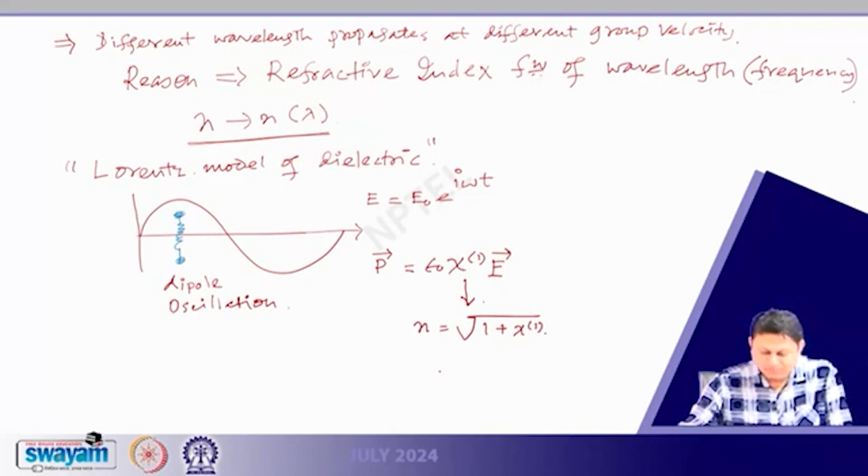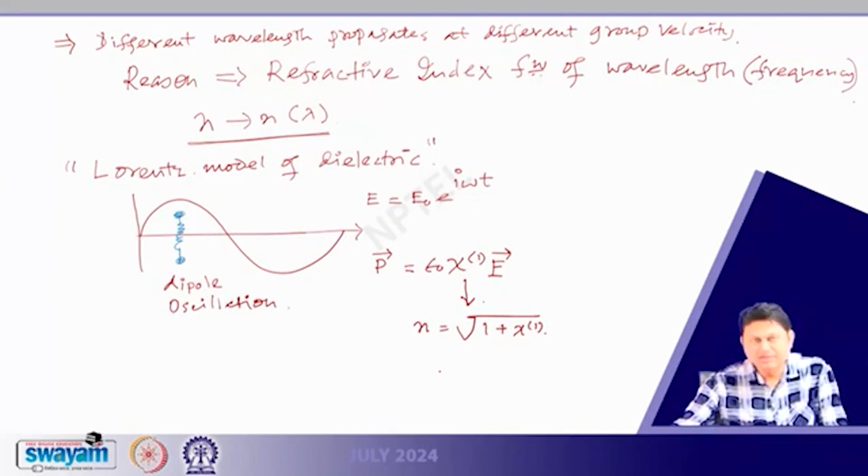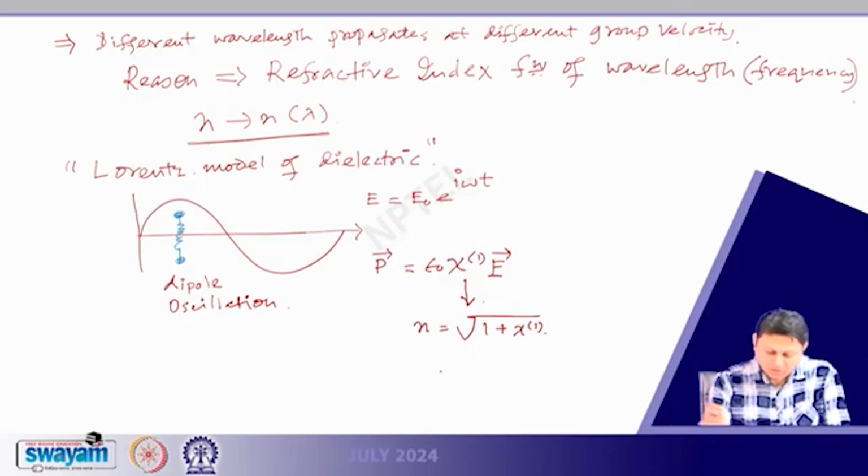So, how do I find the polarization, by the way? The dipole moment, small p, is charge multiplied by the distance r.